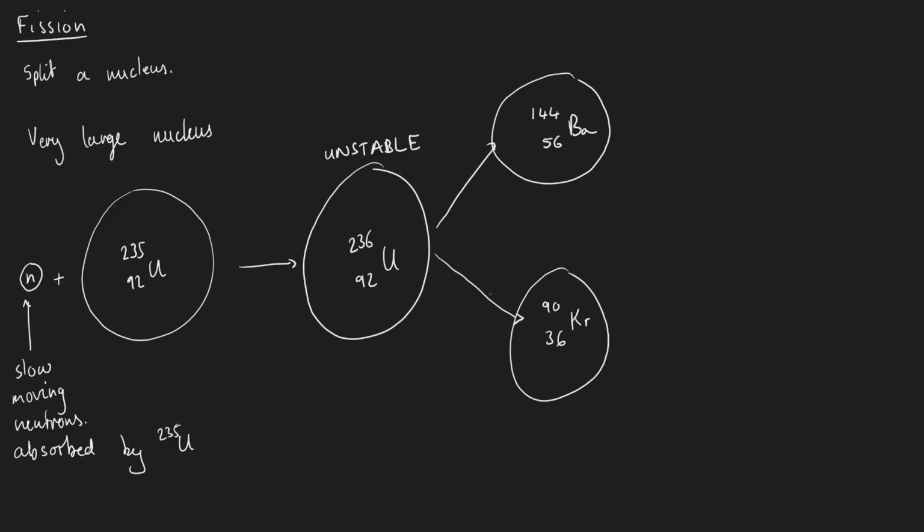Now, what you'll notice about this is if I add together their proton numbers, I get back to 92. However, if I add up their mass numbers, I get to 234, not 236. Now, what I'm saying here isn't that I've completely obliterated two neutrons in this. That's just not possible.